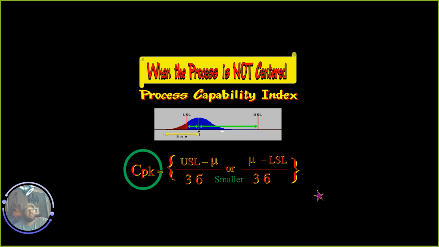Essentially, you have your USL minus mu divided by 3 times sigma on the upper side, and then you have mu minus LSL divided by 3 times sigma. Here we're using 3 because we're looking at which side of the curve our data is most heavy on, where that variation indicates for us.